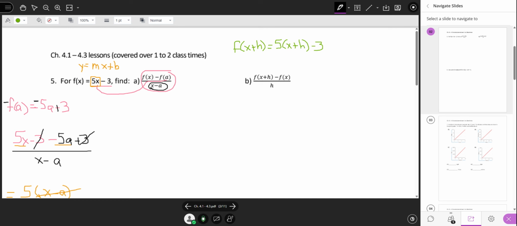So all I did was, where x is, I put x plus h in this formula. Okay? Now distribute. Or as Austin said, spread the jelly to the toast.